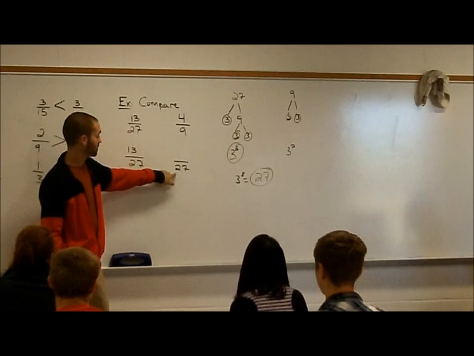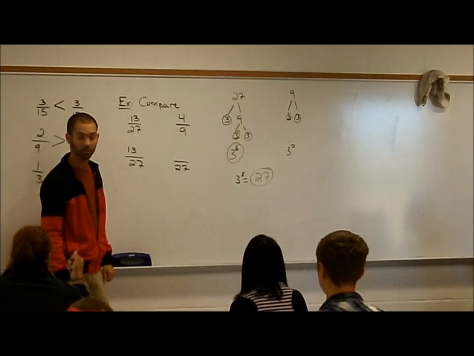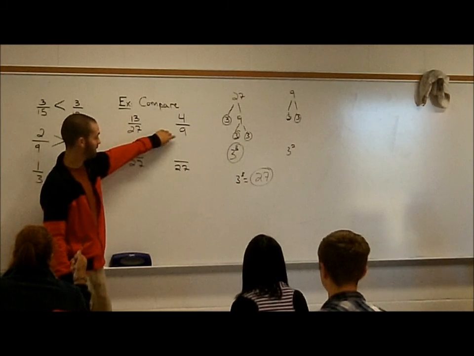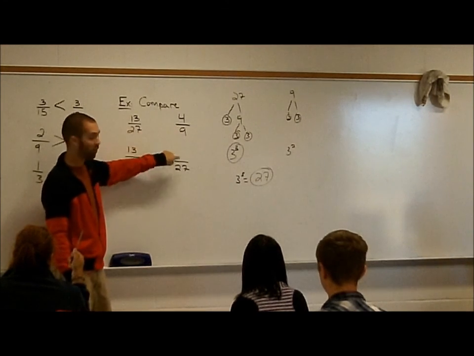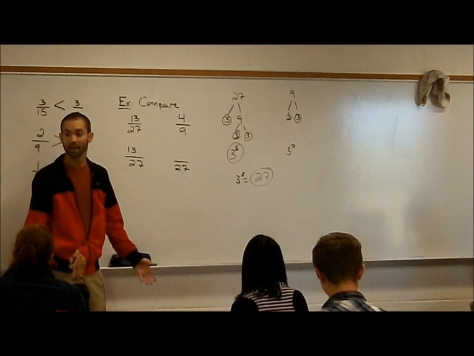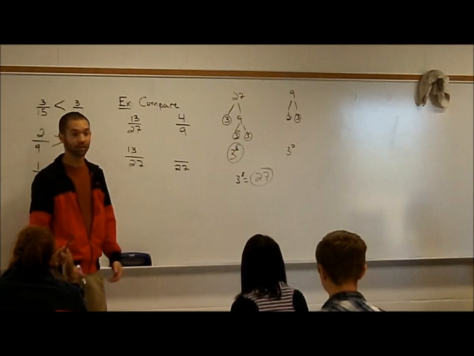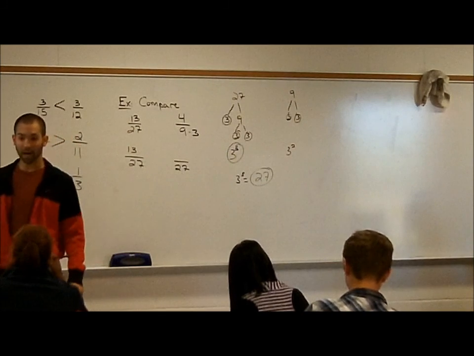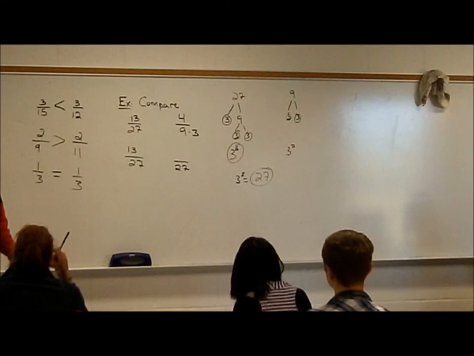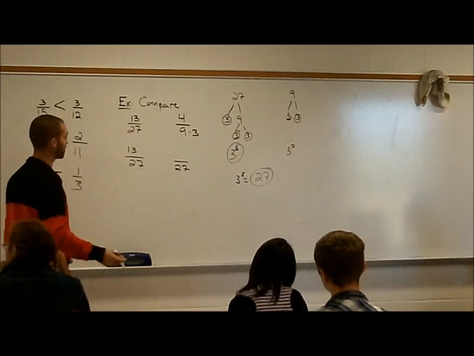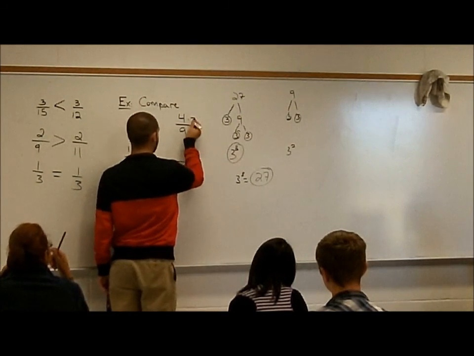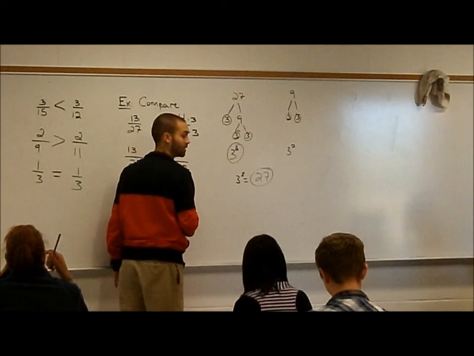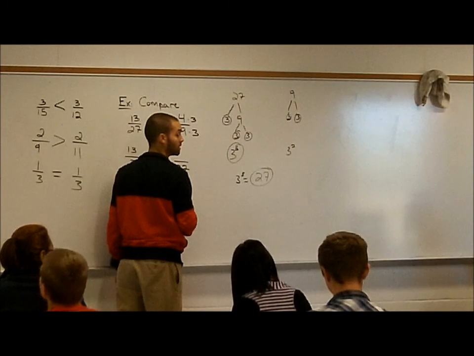You got to think, 9 times what gives me 27? 3. So I need to multiply this by 3. And what I multiply by the bottom, I need to multiply by the top. So what's 4 times 3? 12.